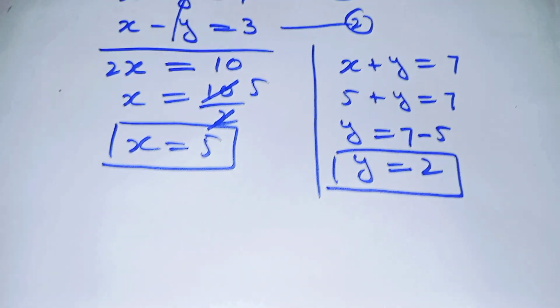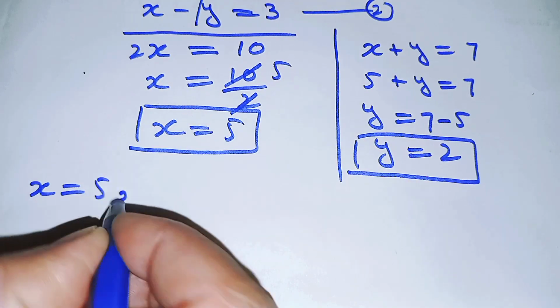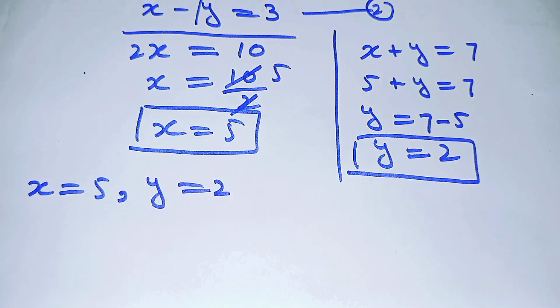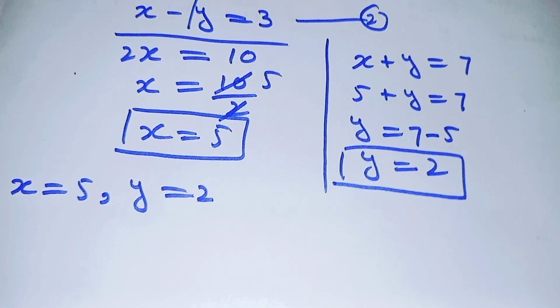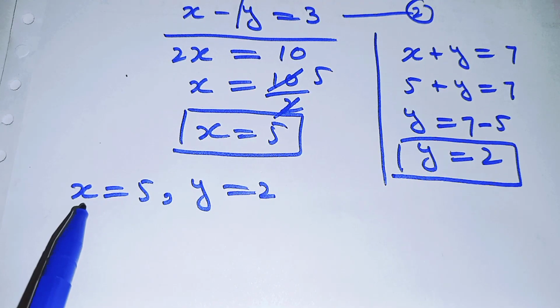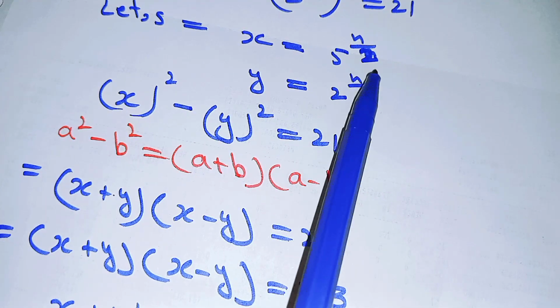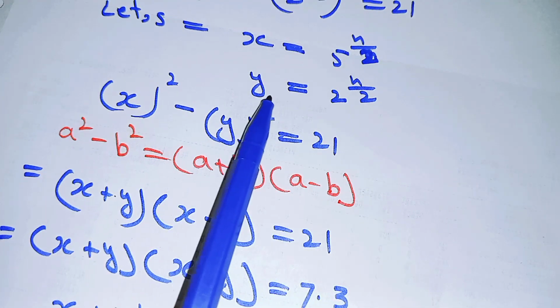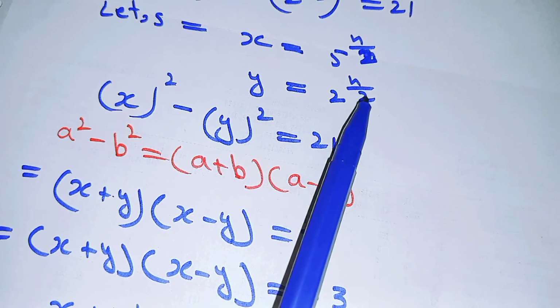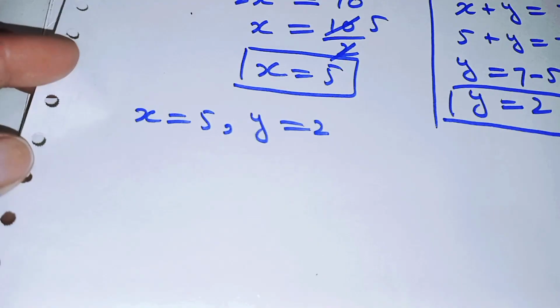So here x is equal to 5, and y is equal to 2. Now recall that we put the value of x, which is 5 to the power of n over 2, and the value of y is 2 to the power of n over 2. So here x is equal to 5 to the power of n over 2, and y is 2 to the power of n over 2.